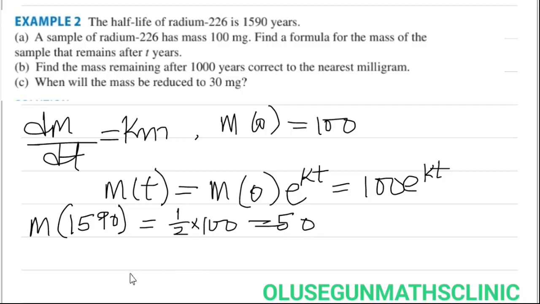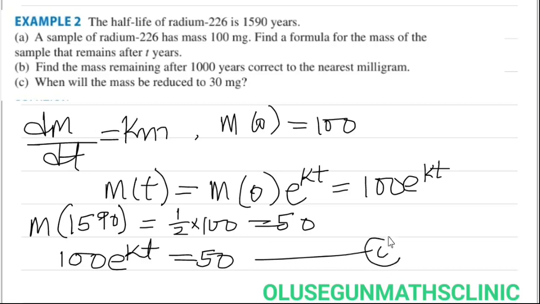So we can write the equation 100 e^(kt) is equal to 50. We are going to use this information to get the value of k, that constant.